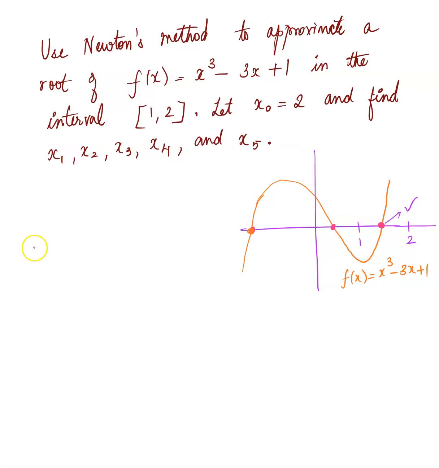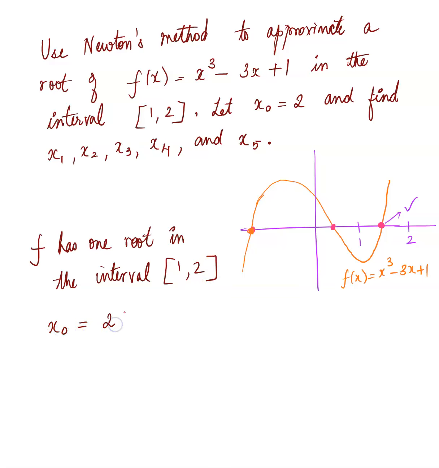We have to write what we just observed. F has 1 root in the interval 1 to 2. Okay. X naught is equal to 2. So you can build a table and get your corresponding values. But here they made it very specific. They said find x1, x2, x3, x4, and x5.